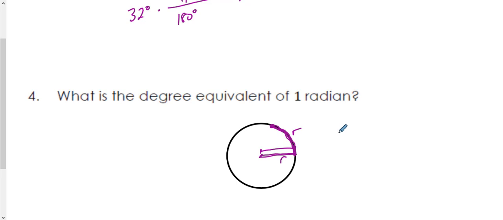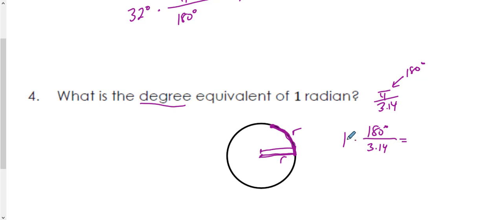So the way we're going to do that is, we want it to be degrees, so we know we're going to have 180 degrees somewhere in here. So we have 1 radian times, and remember we're going to put 3.14 pi down here, and then we're going to put 180 degrees here. Remember, this is pi over 3.14, but we said to convert radians into degrees, we can substitute freely 180 degrees and pi.